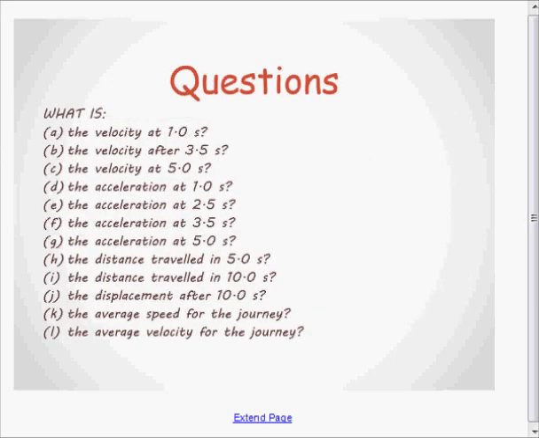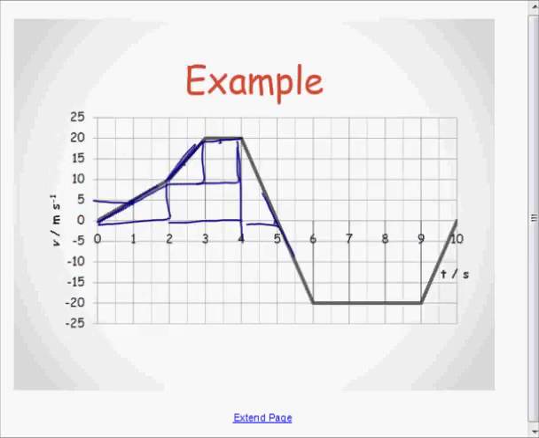For displacement though, what's the displacement after 10 seconds? The displacement after 10 seconds is not 0, that's the velocity at the end. To find the displacement, you get the positive displacement and you add it to the negative. So it'll be a positive value plus a negative value.